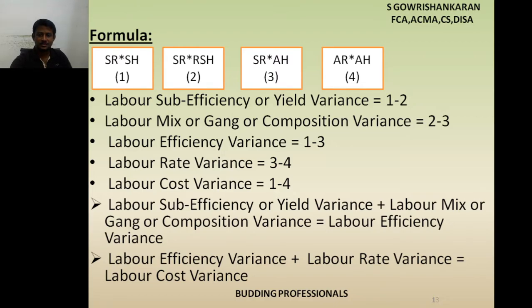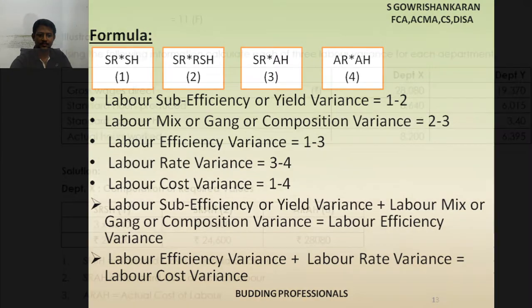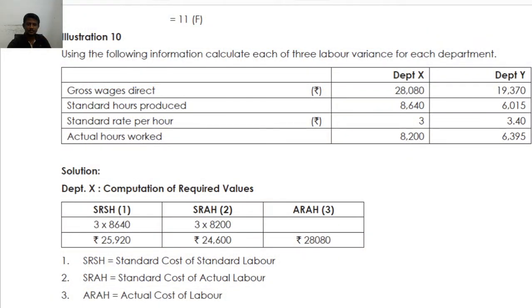So, illustration 10. Here in this question they have given gross wages direct, that is actual wages for department X and department Y: 28,080 and 19,370.